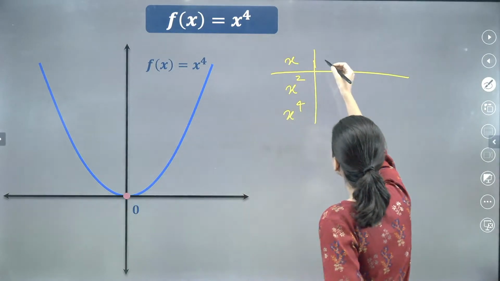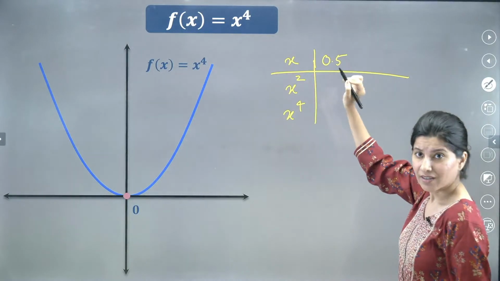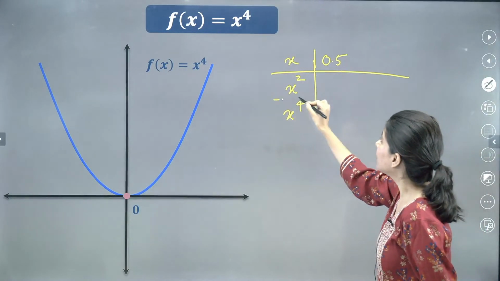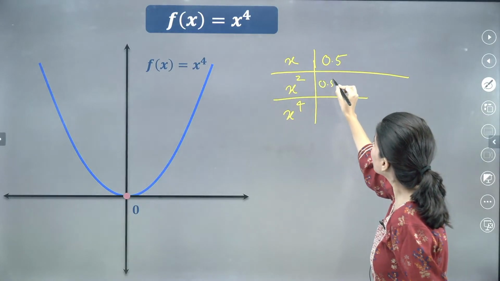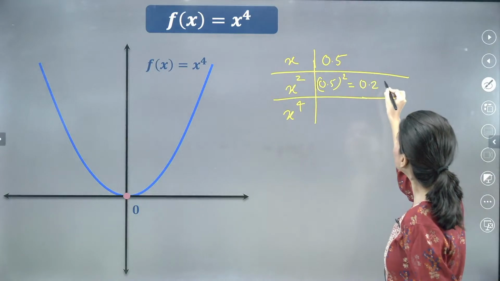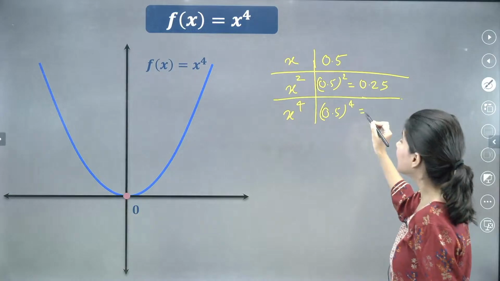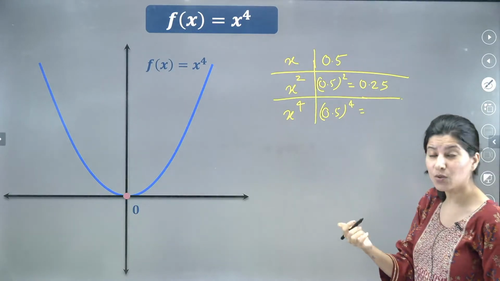Now the moment you put x equals 0.5, this becomes 0.5 squared, which is 0.25, correct? And here it is 0.5 to the power 4, that is 0.25 squared, so 0.0625.